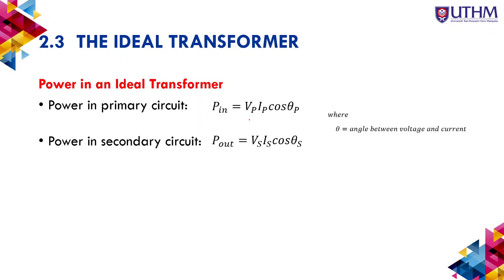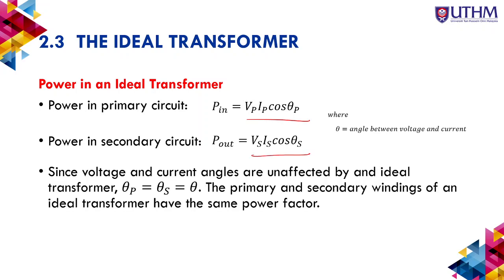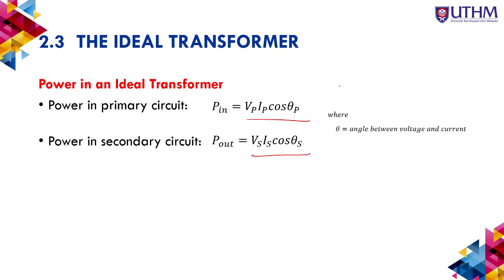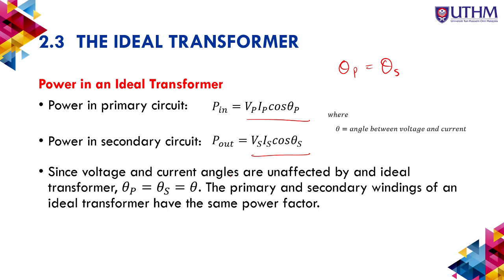This is the equation for the primary and this is the secondary. Since we know that the angle will be the same, theta P will be the same as theta S. The current and voltage are unaffected in angle, and the power factor will also be the same.